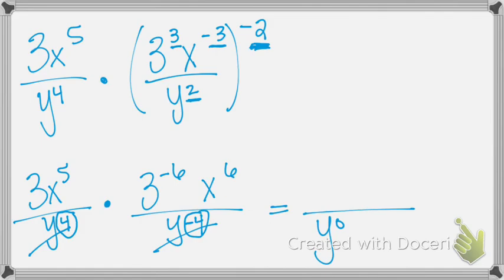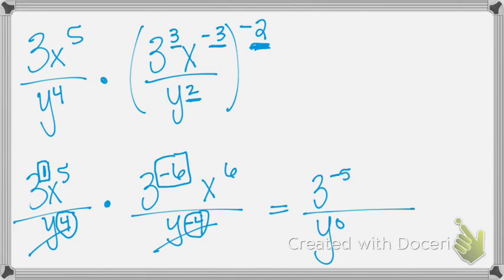All right, let's combine the top. What exponent is on this 3 right here that we just don't see? We don't have to write it. It's a 1. Okay, so now I can combine my 3 bases. So I'm saying 1 plus negative 6, which leaves me with a negative 5.